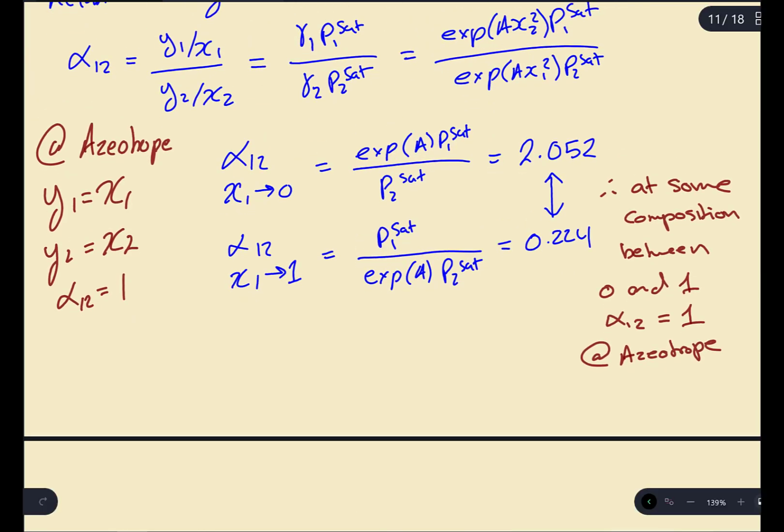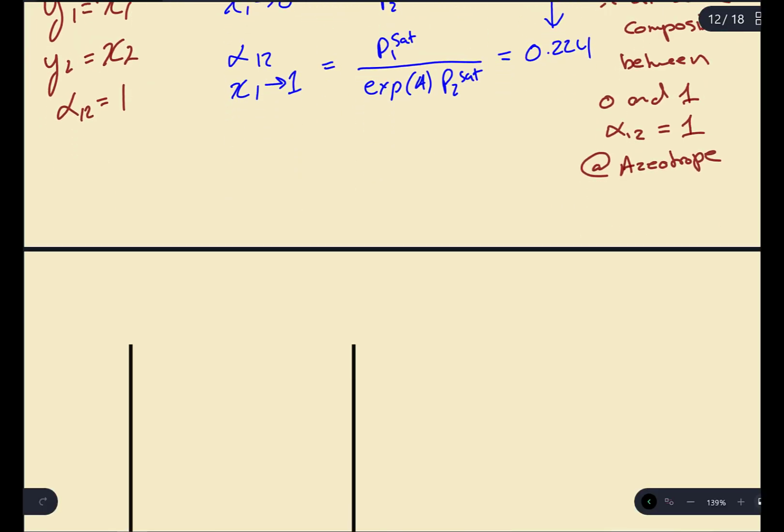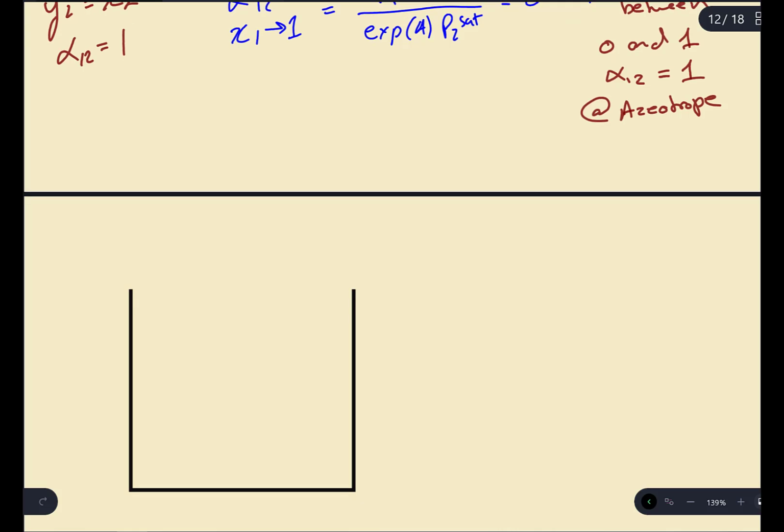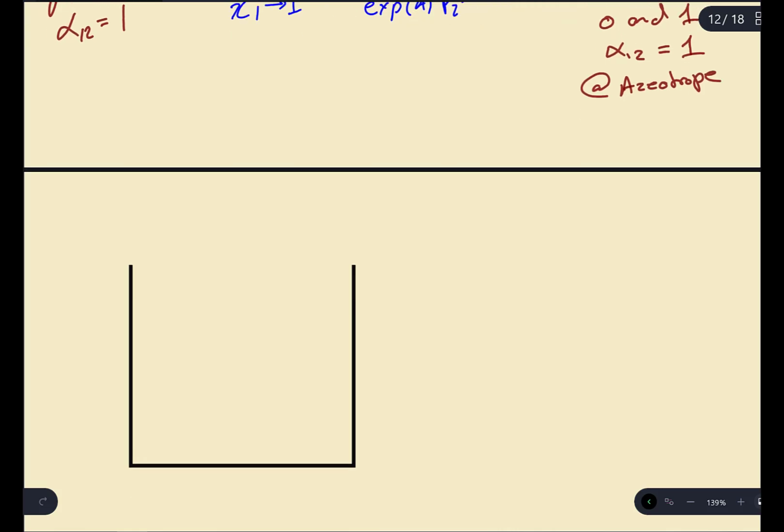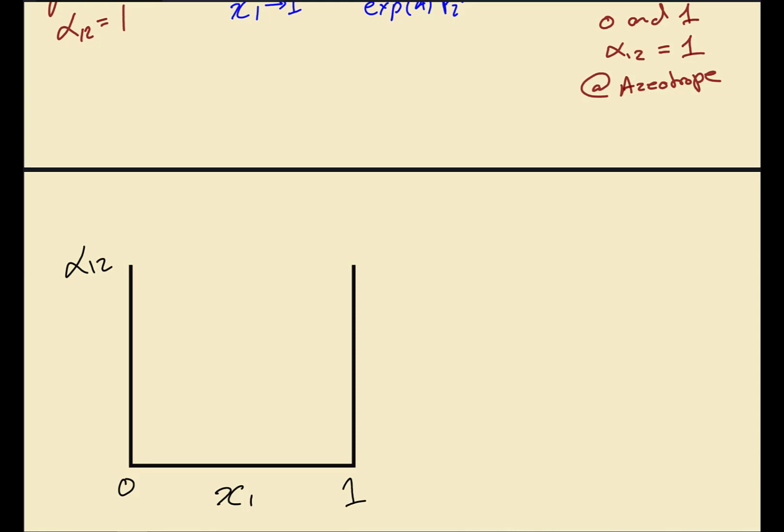And graphically, to think about this, if I plotted on this graph alpha 12 on the y-axis, and on the x-axis we have x1, where we have 0 to 1. When I have an isotrope, alpha 12 should be equal to 1, right?